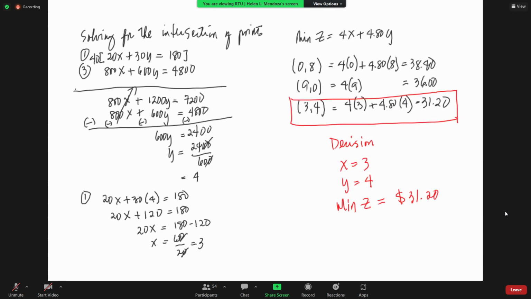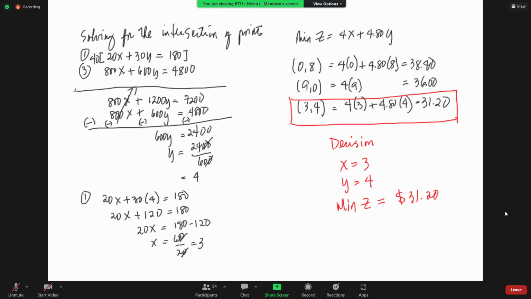Ang sinasabi lang niyan, combine the two types of grains. Make use of 3 parts of X, 4 parts of Y, because it is only in this combination that you'll be able to minimize the cost of feeding for the poultry at a total amount of 31.2.